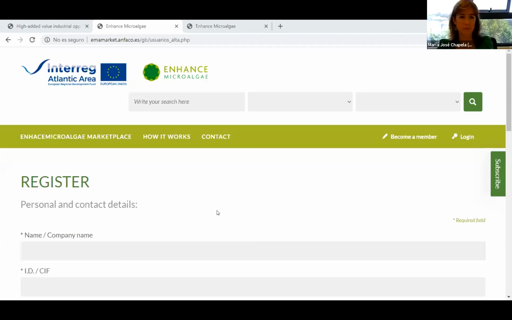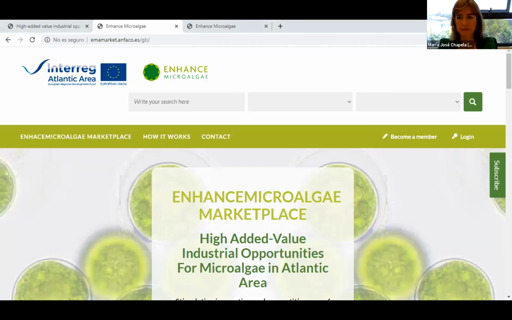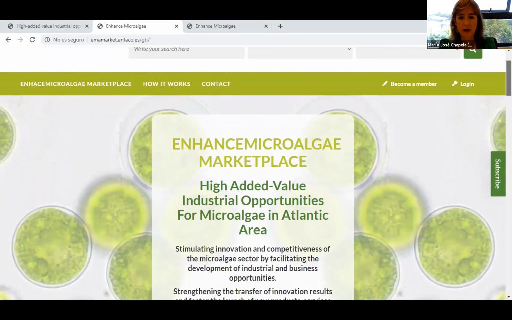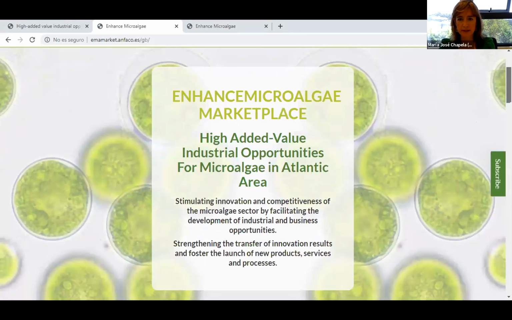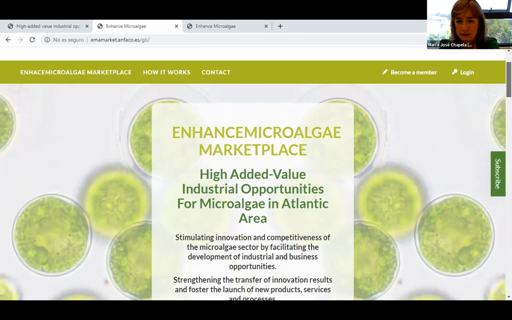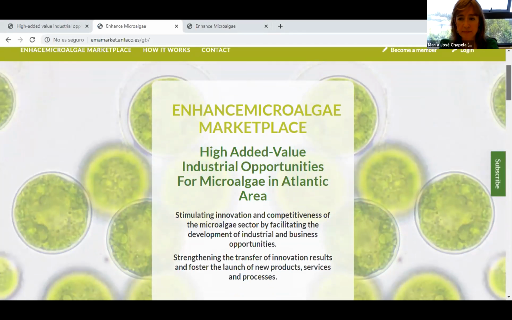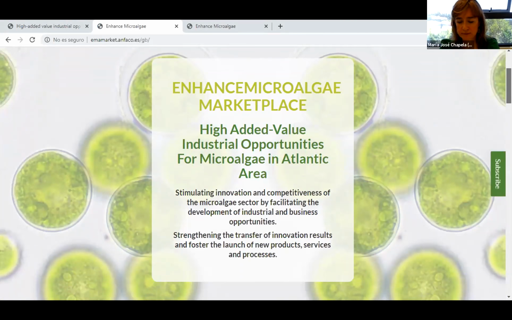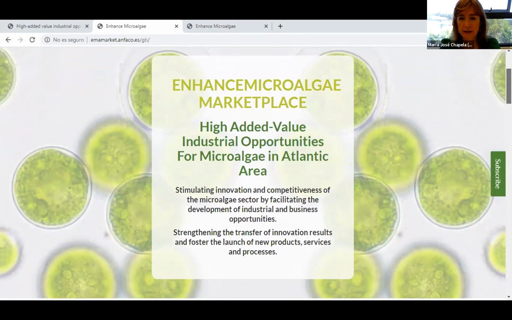This is how the marketplace looks today. We are still working on it. We are also including all the information from all the partners of the project, but also from other partners.